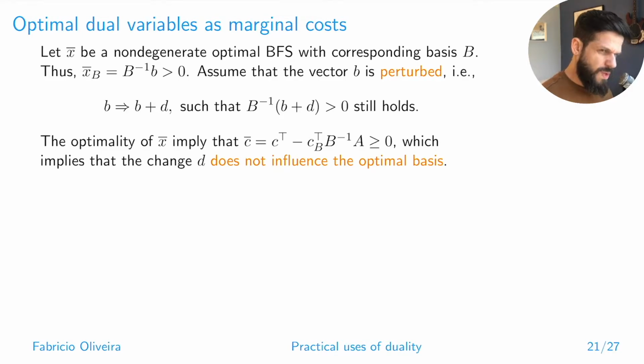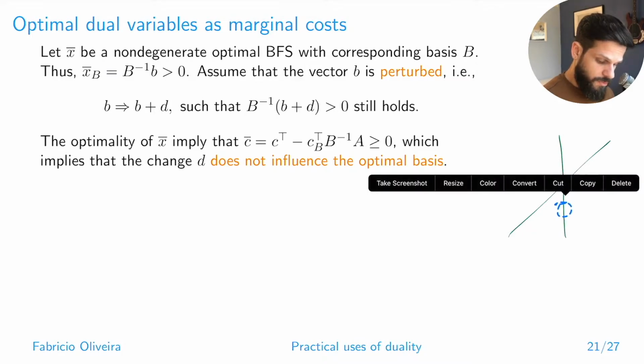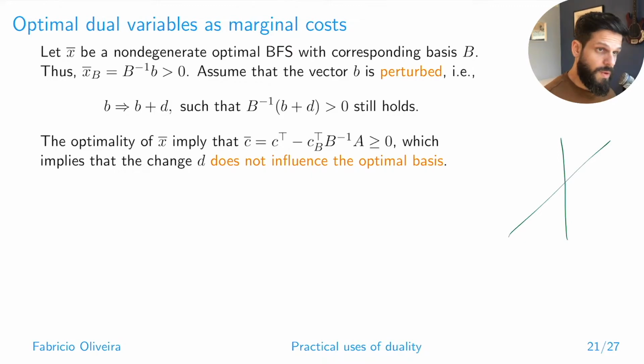It might be weird when you hear that at first, but basically, suppose you have two constraints here, okay? And what you're doing when you're changing b marginally is getting this constraint and moving it slightly from its current position. That's what changing b in this constraint would entail, right? But you see that if the movement is marginal enough, you're not changing which are the constraints that are active.